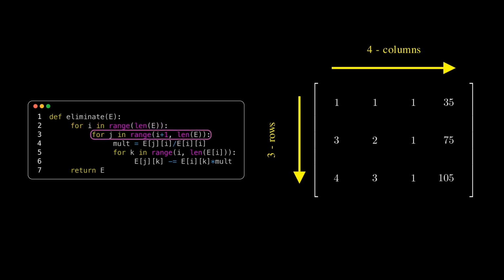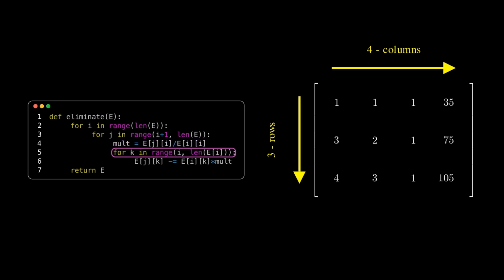The j loop refers to the jth row. Its value ranges from i plus 1 to length of the matrix E, which is 3. Both of these loops help us to follow the top to bottom approach and iterate over the matrix row by row. Mult refers to the multiplier constant. We will discuss its functioning later in the video.